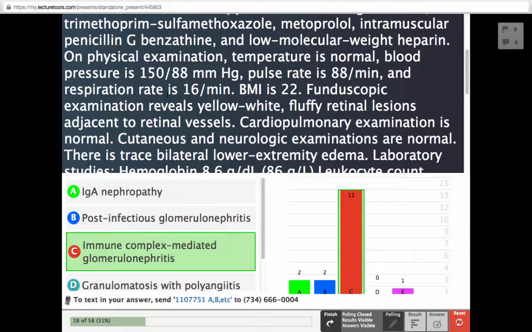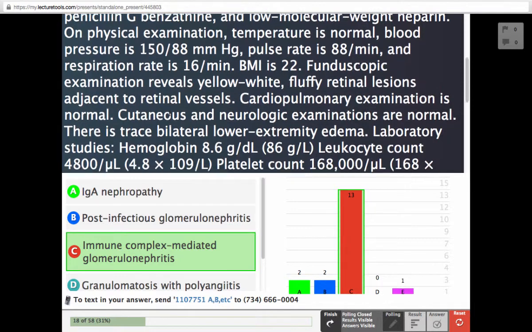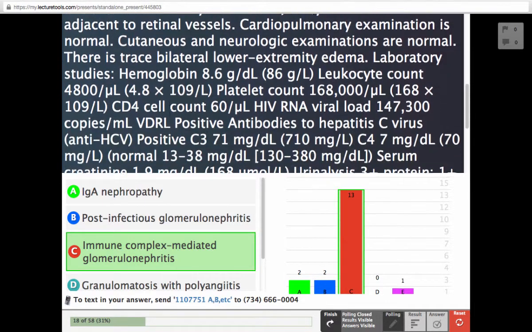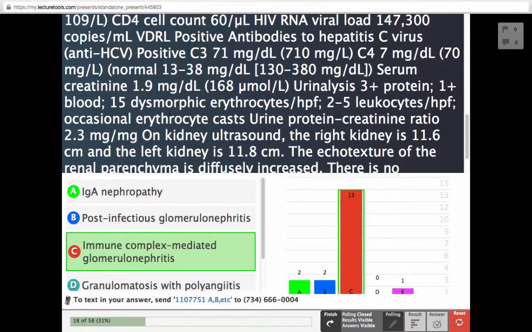The urinalysis showed 3 plus proteinuria, which is not yet in nephrotic range, and also dysmorphic RBCs and casts, so that is more likely to be nephritic syndrome.